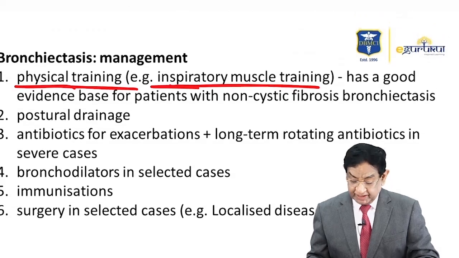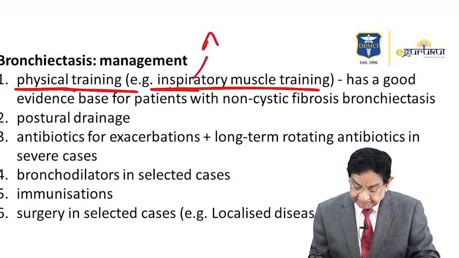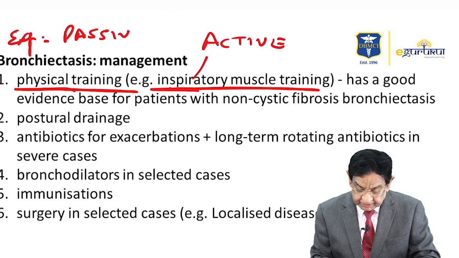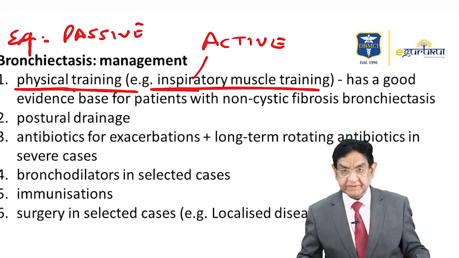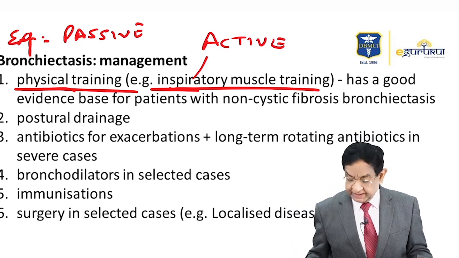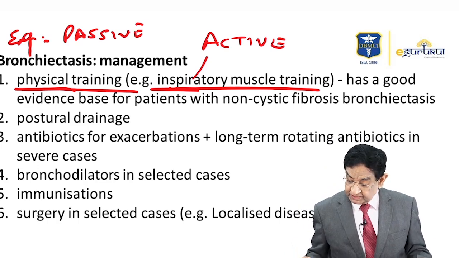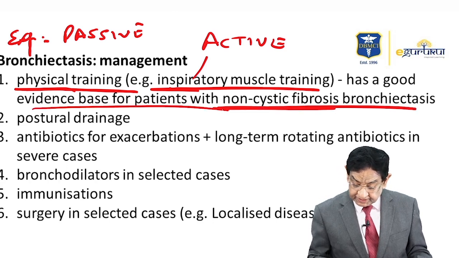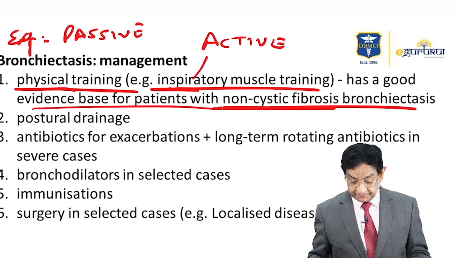We all know very well inspiration is an active process, and we also know that expiration is a passive process. So we want inspiratory muscle training to be done so that he is able to inhale well. So in the non-cystic fibrosis patient, this is very effective.